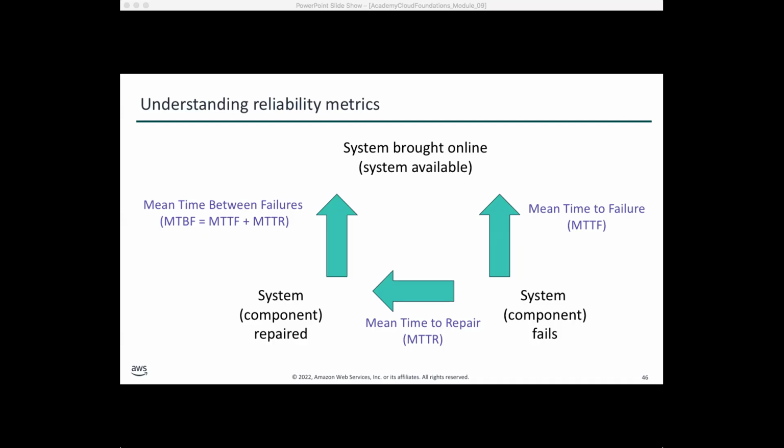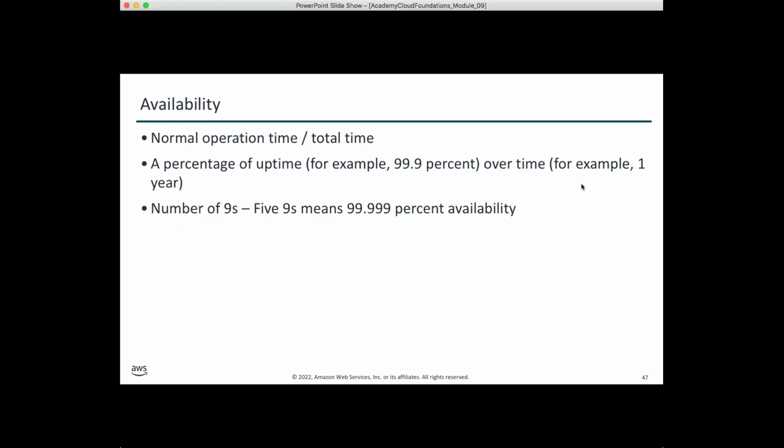So you simply calculate averages of the time it was online, as well as the time it took to repair, that is, when the system was not online, and you add that up. So that's mean time between failures, MTBF.